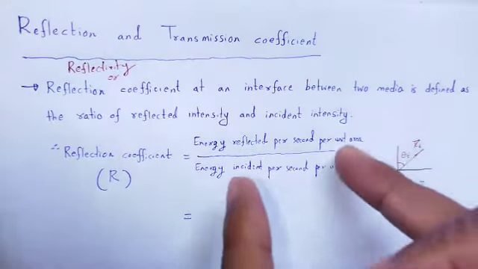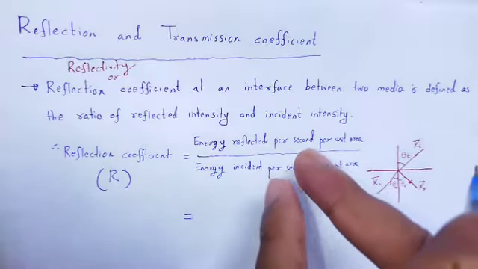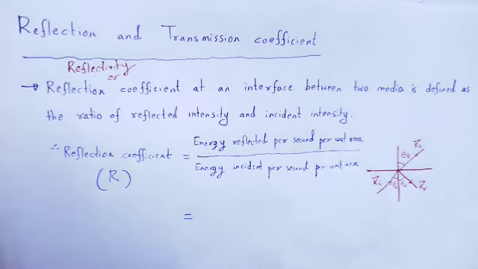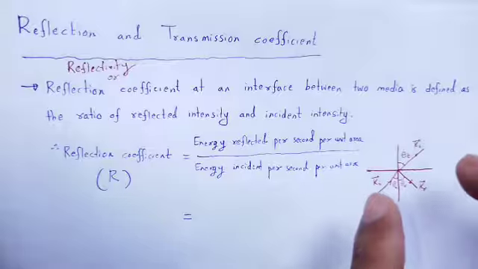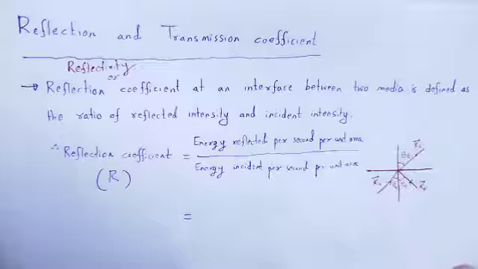How to calculate energy reflected or energy incident per second per unit area? It can be calculated by using the Poynting vector concept, or energy is calculated on the basis of average Poynting vector, and we consider that area as the area of cross section.